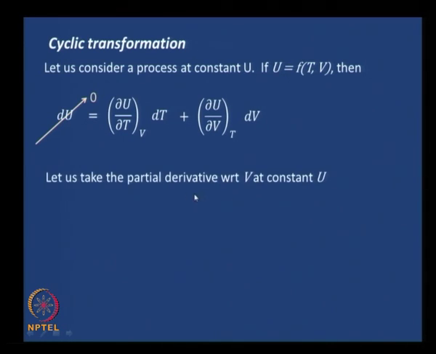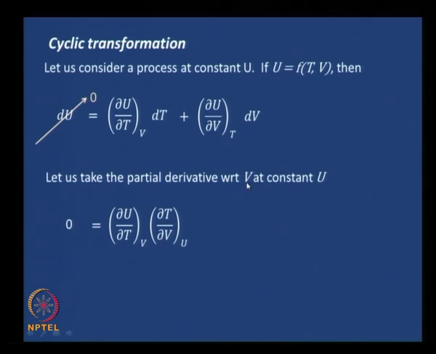Now, if we take the partial derivative with respect to v at constant u, then this 0 is going to be 0, that is a constant, equals dou u dou t at constant v times dou t dou v at constant u.